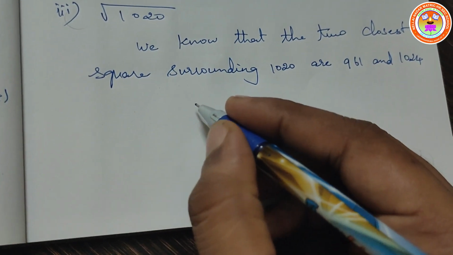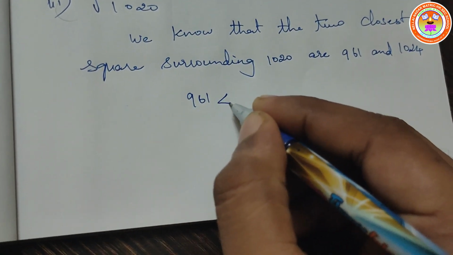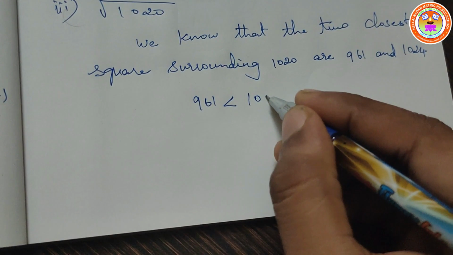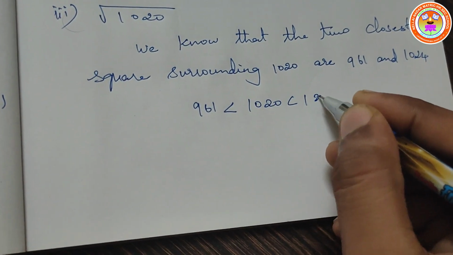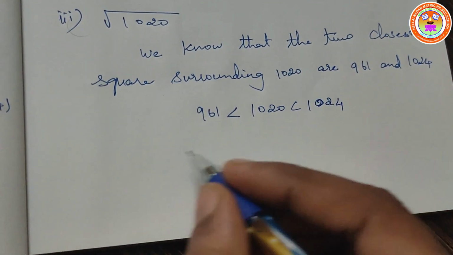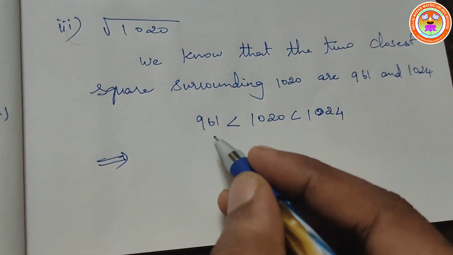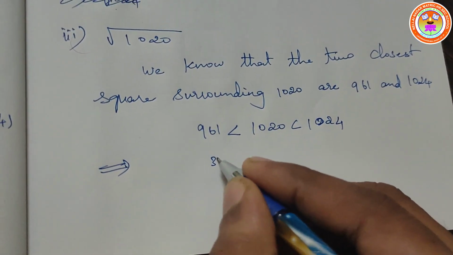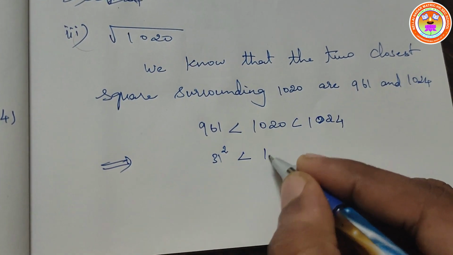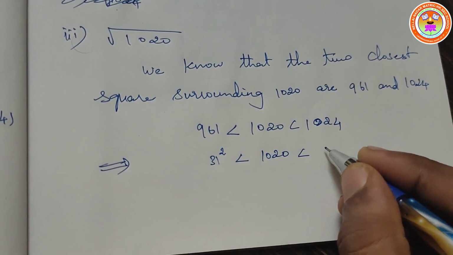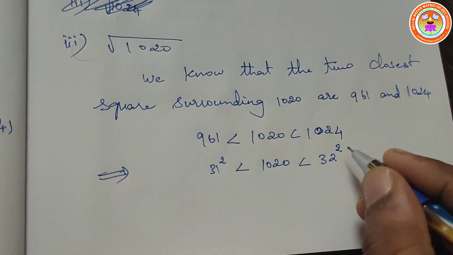So 961 is less than 1020 is less than 1024, which implies, which square is 961? Yeah, 31 square is less than 1020 is less than 32 square, which is nothing but 1024.